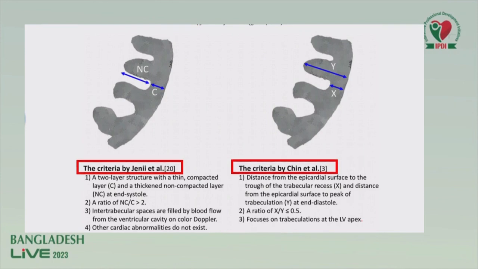The ratio of non-compacted to compacted is more than 2, and the ratio X to Y is usually less than or equal to 0.5. At least 3 trabeculations must be present, with intertrabecular spaces and color flow through the intertrabecular spaces.